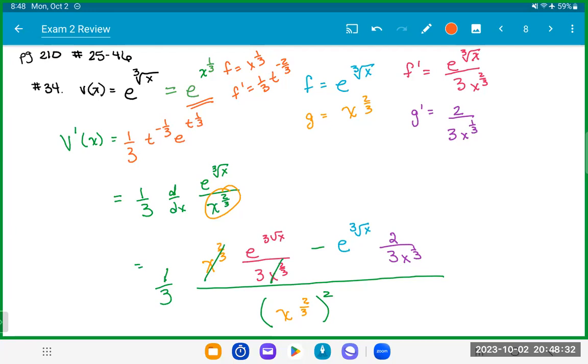I probably should have rewritten this one over here as e to the x to the 1/3. Sorry. Let me change these to x's.